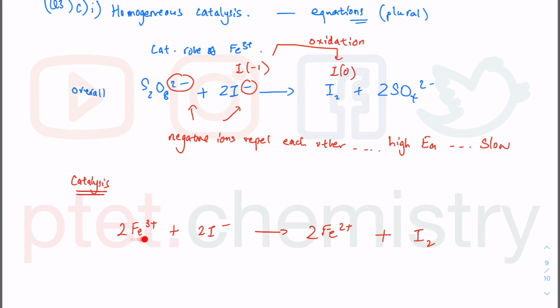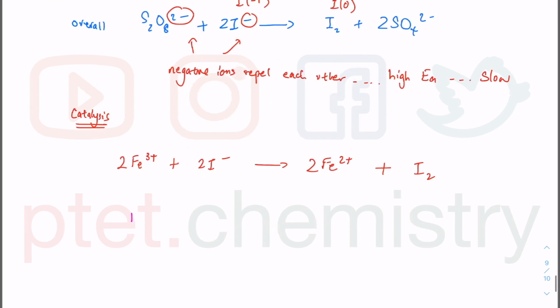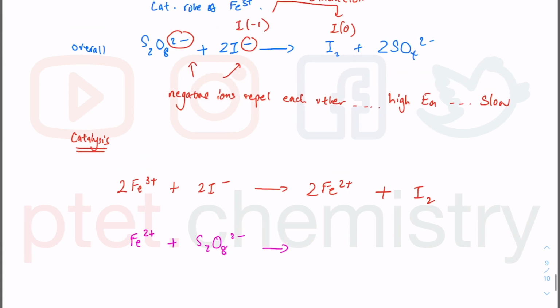This is showing that Fe3+ is converted to Fe2+, but you haven't shown that Fe3+ is a catalyst yet. So the Fe2+ will react further with S2O8 2-. If you look at our original equation, that will give you the Fe3+ again, and the 2SO4 2-.